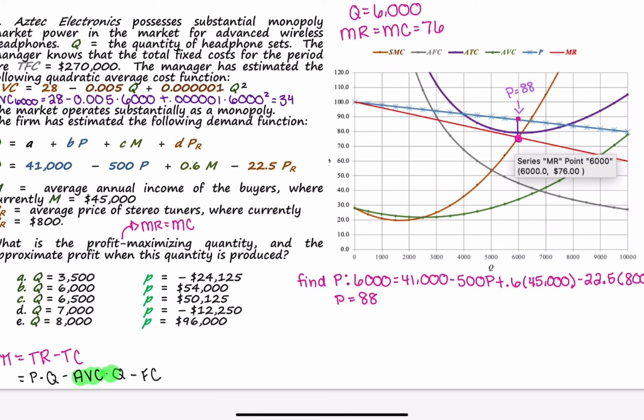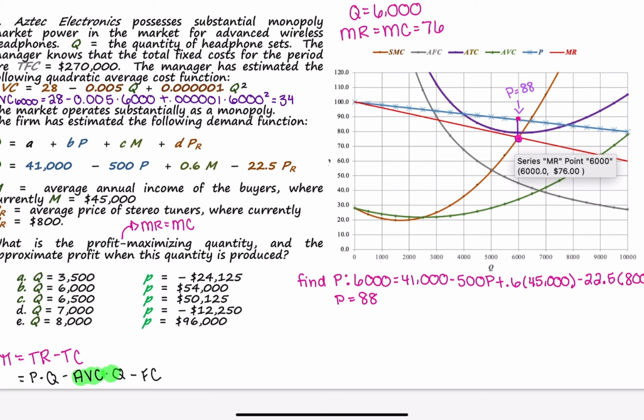This one says, what is the revenue maximizing quantity and approximate revenue when this quantity is produced? So I took away the graph because I needed more space to write. Revenue maximizing quantity is going to come from where our marginal revenue is equal to 0.